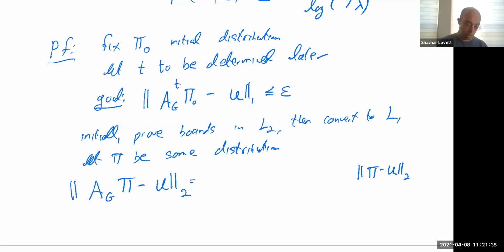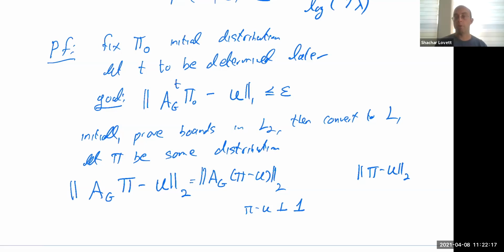So let me write this as AG of pi minus u. Here I'm using the fact that AG of u equals u. U is a stationary distribution, an eigenvector of AG with eigenvalue 1, so u is the same as AG u. Now I want to argue that pi minus u is a vector that's orthogonal to the all 1 vector. Why? Pi is a distribution, so it sums to 1.